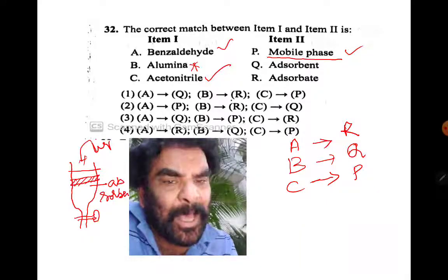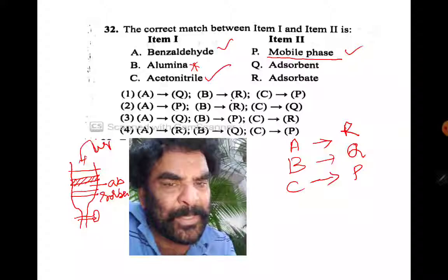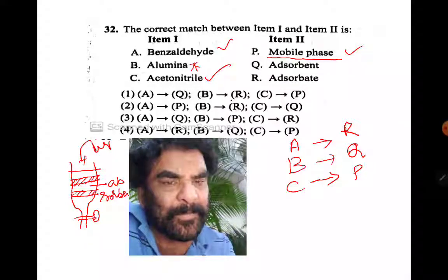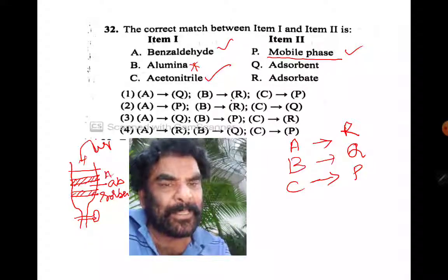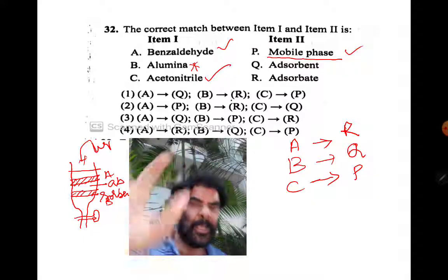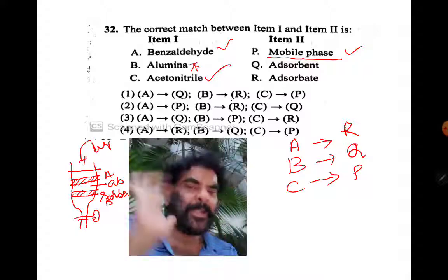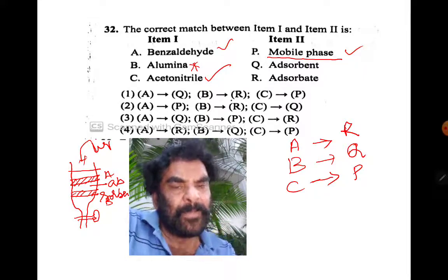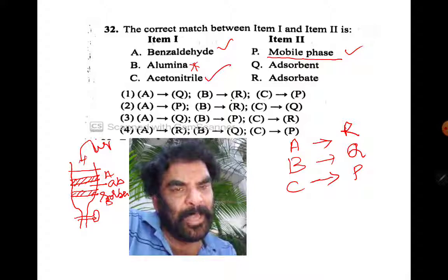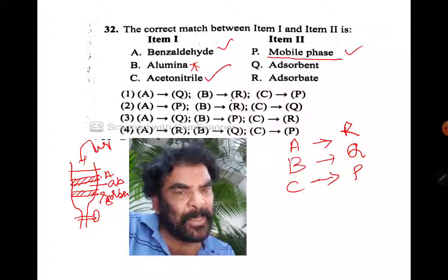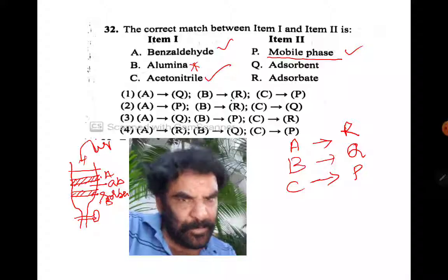Suppose there is a mixture of two adsorbates, A and B, a two-component mixture. It is poured on the adsorbent. A is adsorbed here, B is adsorbed here. That is preferential adsorption.